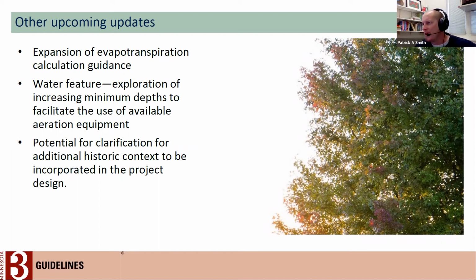And then we also got a note, which was useful feedback from these revisions, that including additional historic context would be useful, particularly around indigenous communities, and a clear look at what could be gained from a historical view of project sites.